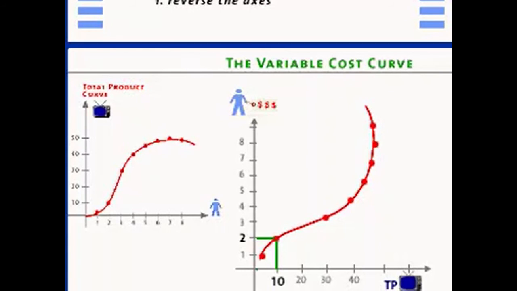The second step is you take this curve and you stretch it upwards by multiplying it by the wage. Each of these points represents a number of workers that you'll need. Now multiply that by $1,000 a week and it becomes your labor bill. So what I do is I take this curve and stretch it upwards and I get the variable cost curve that I drew a moment ago.